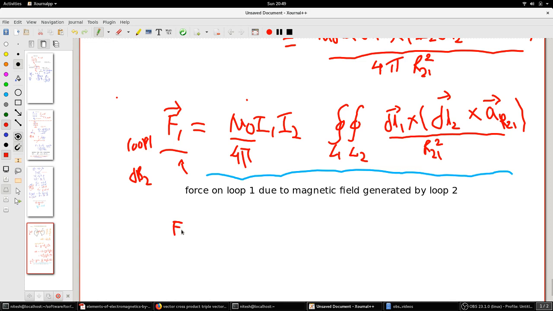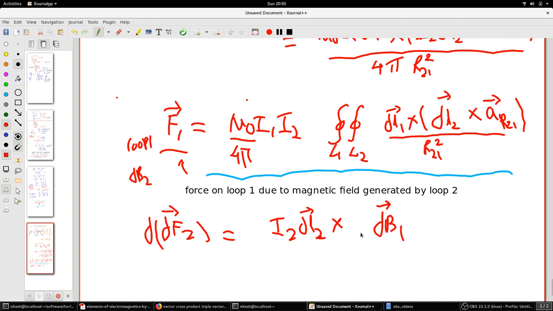First thing you have to understand is dF2 will be equal to, by using the normal magnetic force definition, the current passing through loop 2, the current element, cross product with the very small magnetic field generated by I1 dL1, that is your dB1.